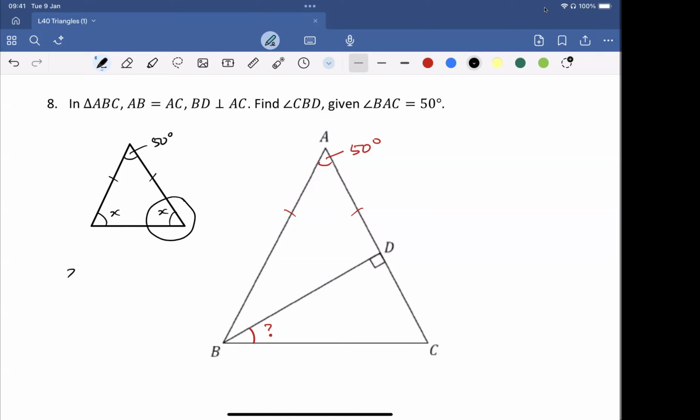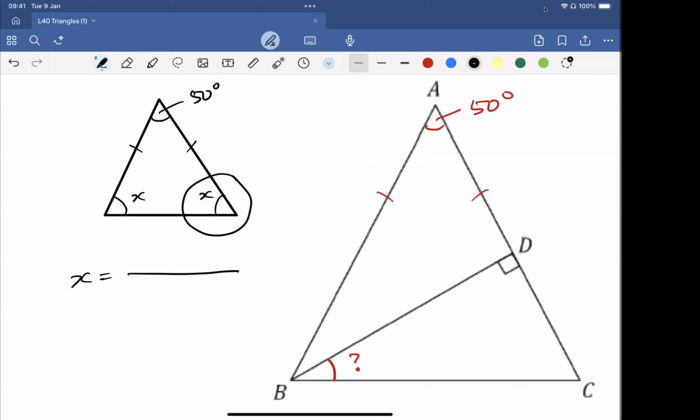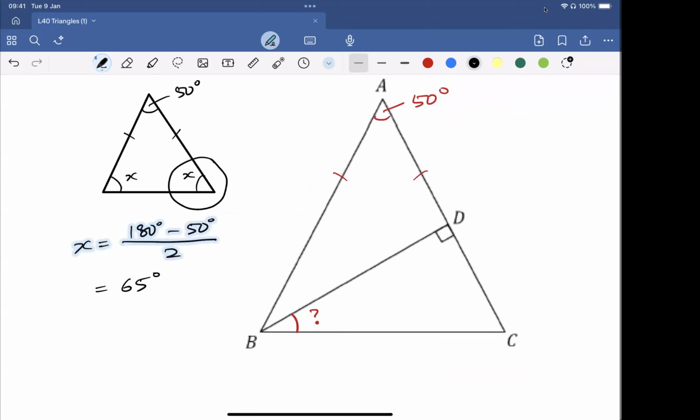What working should I do? 180 minus 50 divided by 2. And you will get how much? 65, right?